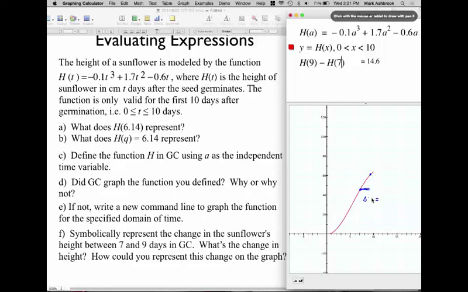Delta t, okay, fine. We used a to represent t. And then this right here would be the corresponding change in h of t. And that value is 14.6.